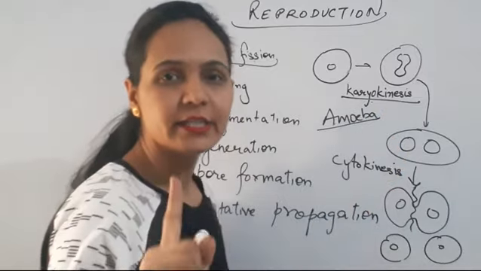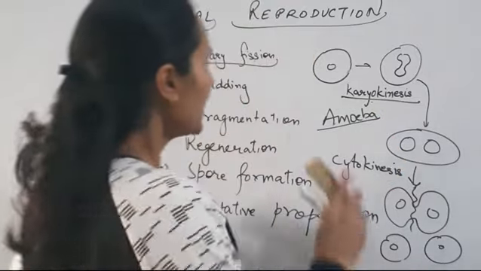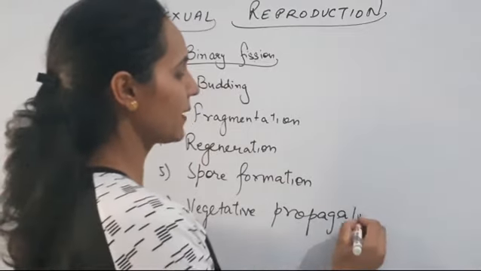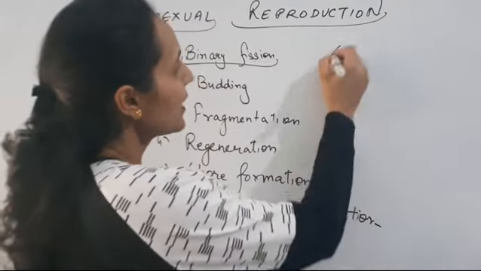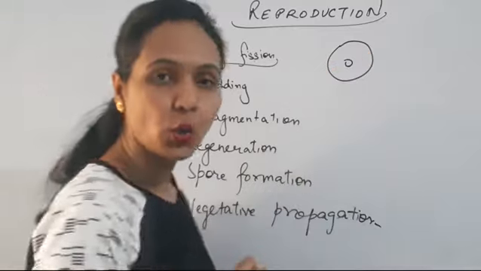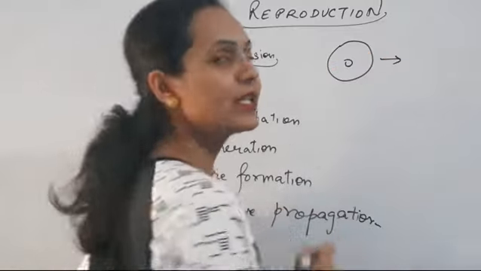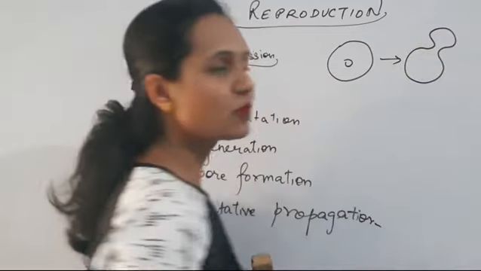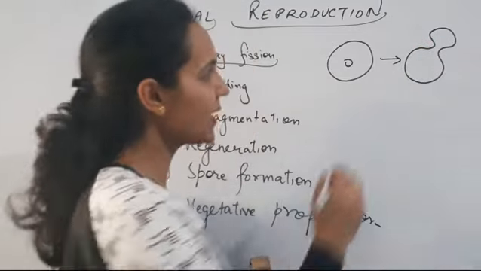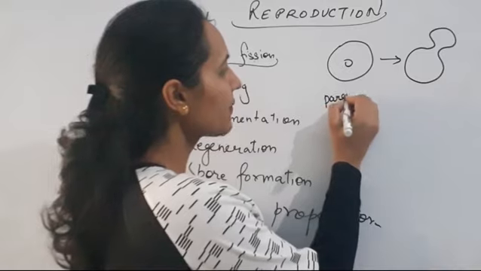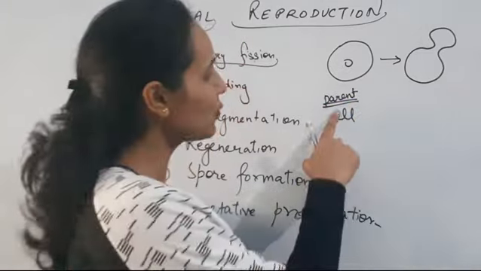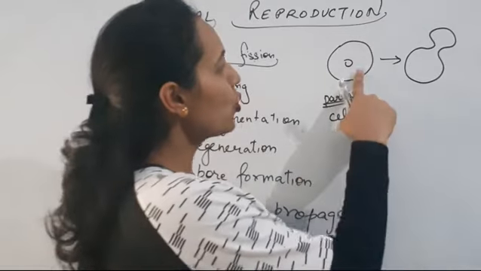Clear? The next thing is budding. So what happens in budding? You can see there is an organism, okay. After nuclear division, one small bud forms on the organism. This is the parent cell. Parent cell is what? The one which undergoes division is said to be the parent cell.